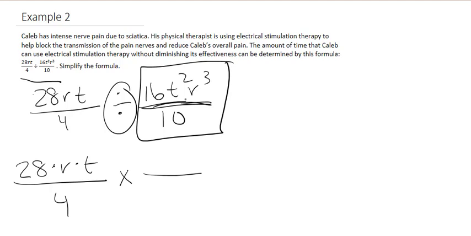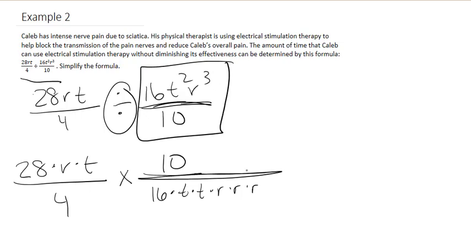So we're going to put the 10 on the top, 16 below, times T times T times R times R times R. So here we go. So before we begin to multiply though, let's start crossing things out.